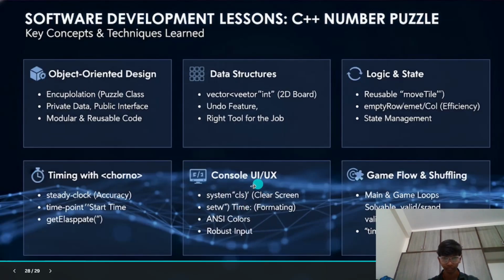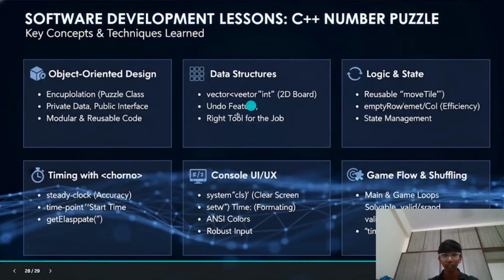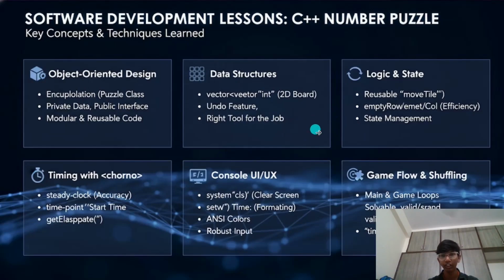This made me understand how we can make our display more and more visually appealing. The next thing is the game loop and shuffling, how and when to use the main and game loops. So this C++ project helped me to learn these things.